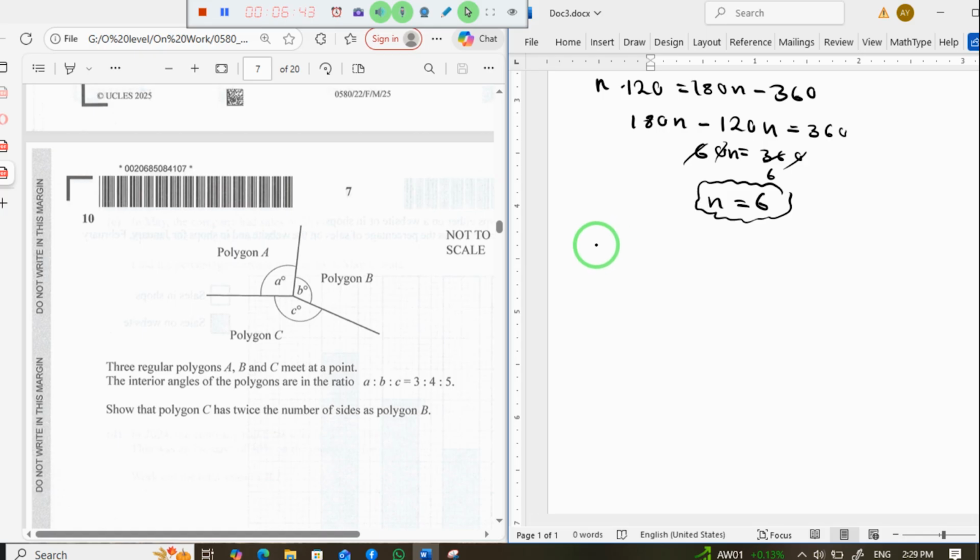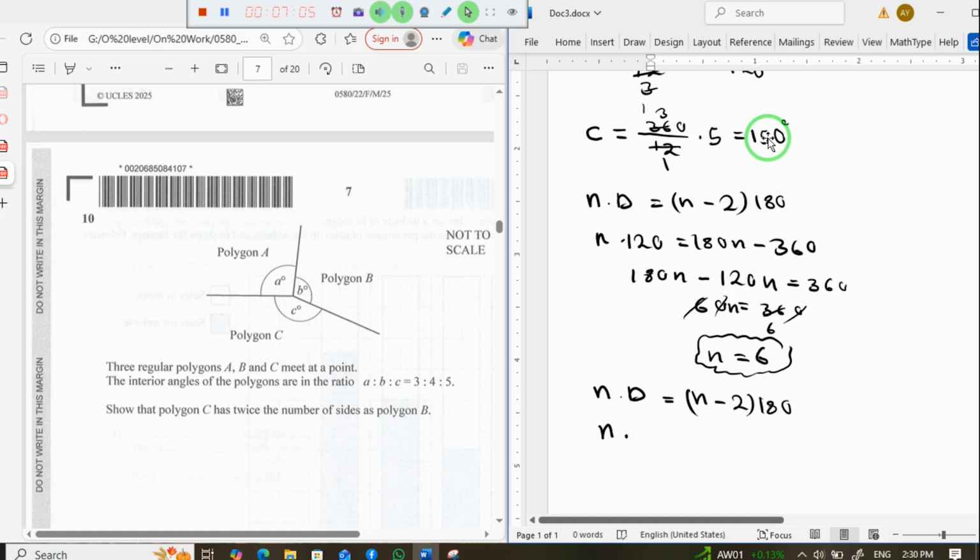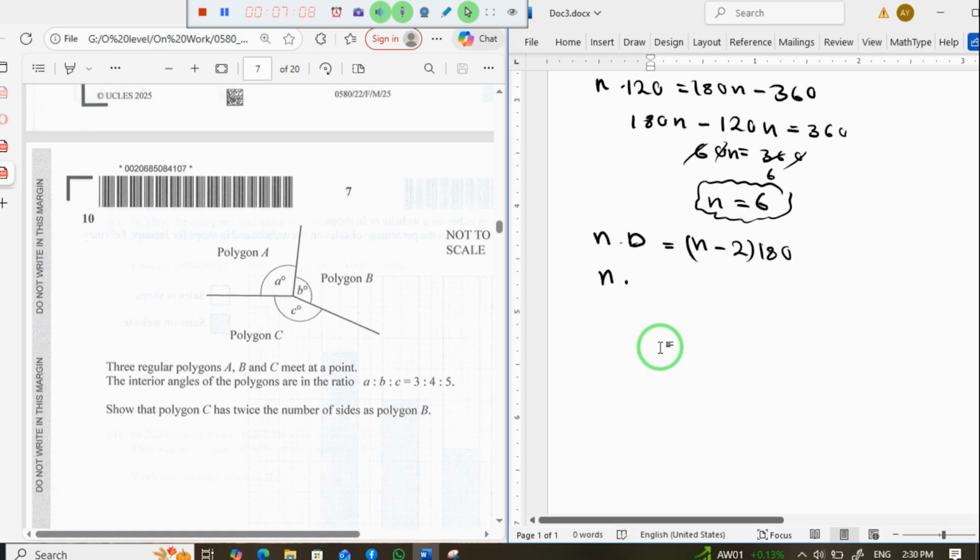Then we find the number of sides for polygon C. We write n multiplied by d equals (n minus 2) multiplied by 180, using the same formula. n is the unknown, and d is the interior angle of polygon C, 150. So 150n equals 180n minus 360.